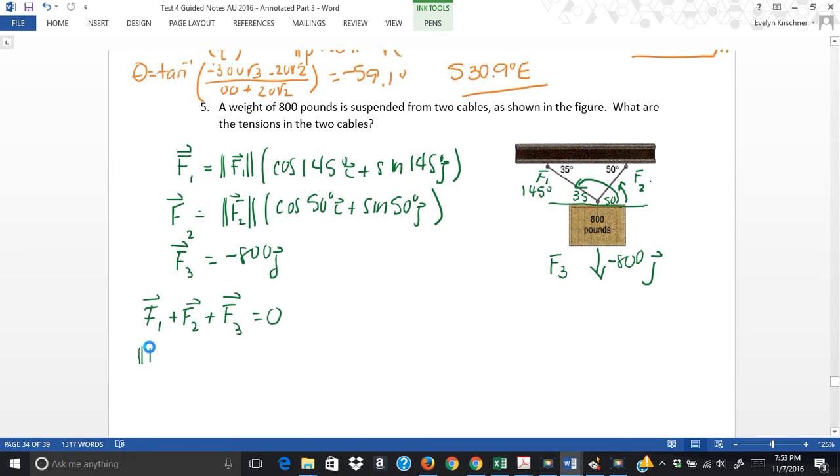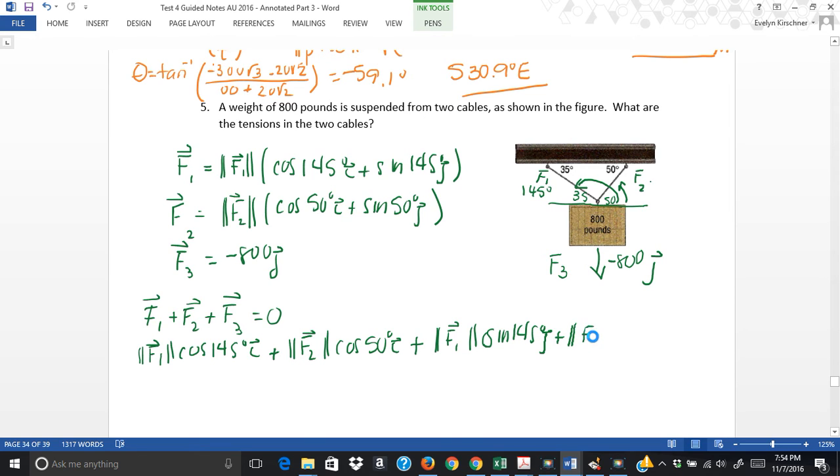I have F1 cosine 145 degrees I plus F2 cosine 50 degrees I, so those are my x direction, plus F1 sine 145 degrees J plus F2 sine 50 degrees J minus 800 J, and that all equals 0.